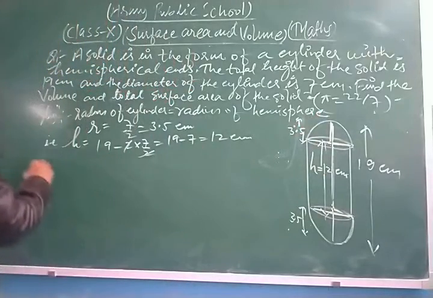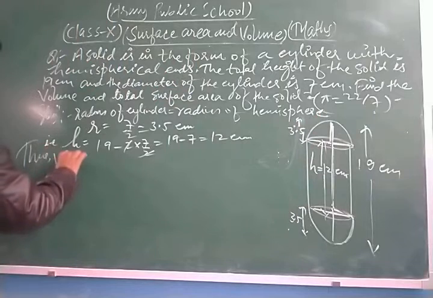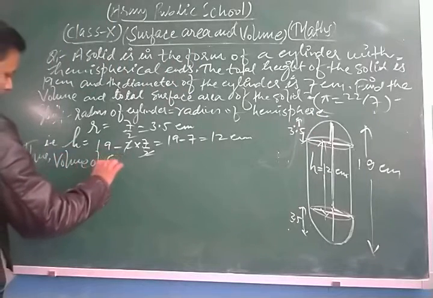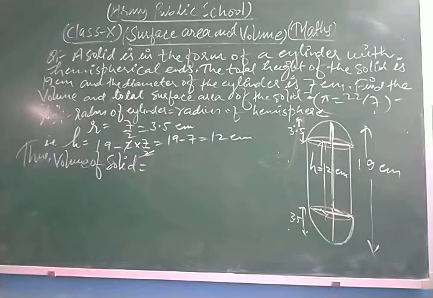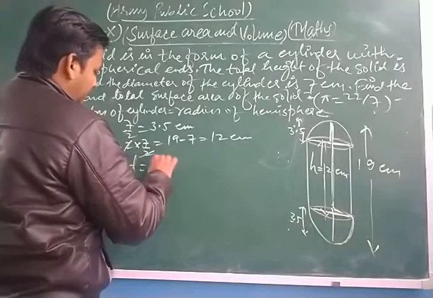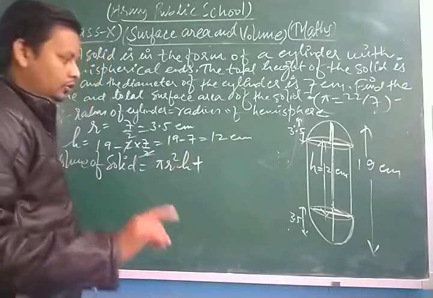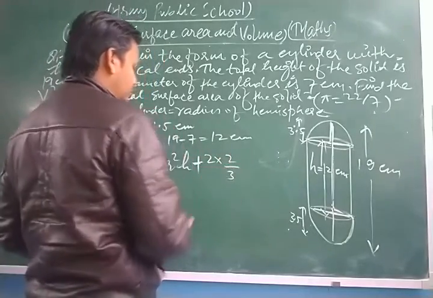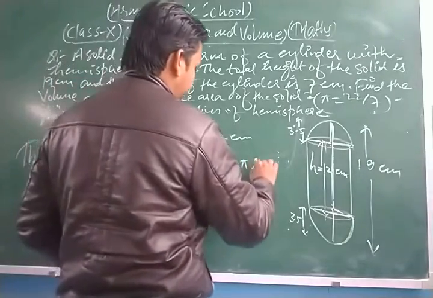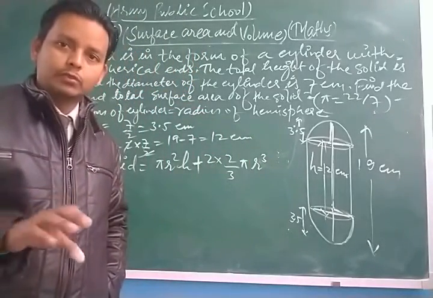So the volume of the solid is the volume of the cylinder, that is pi r square h, plus 2 into the volume of each hemisphere, that is 2 by 3 pi r cube.